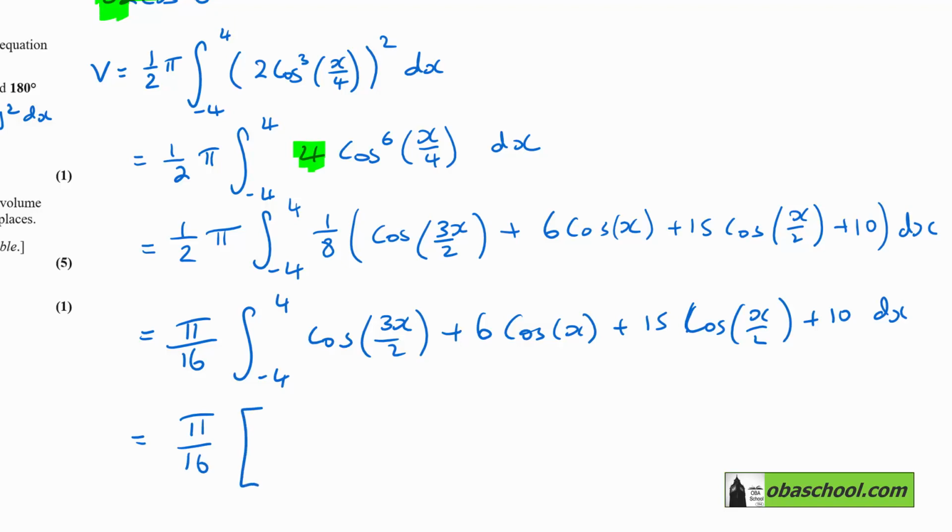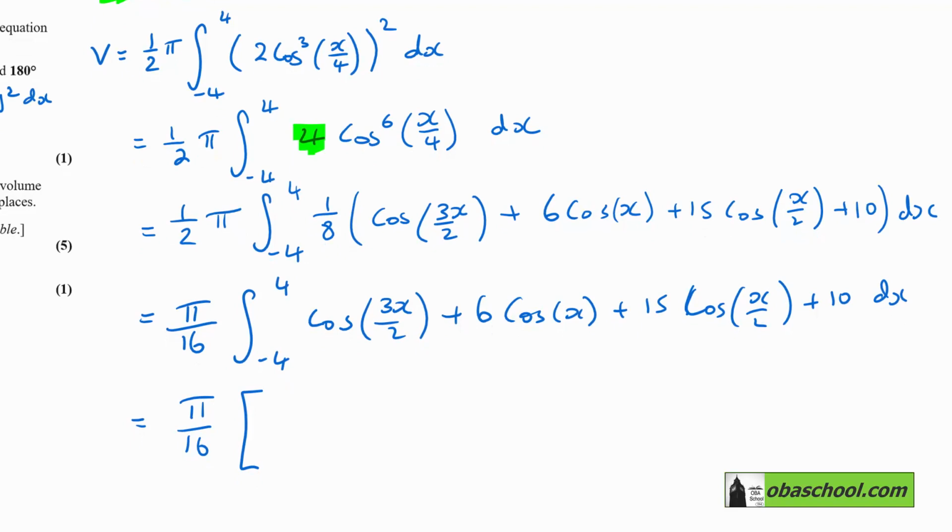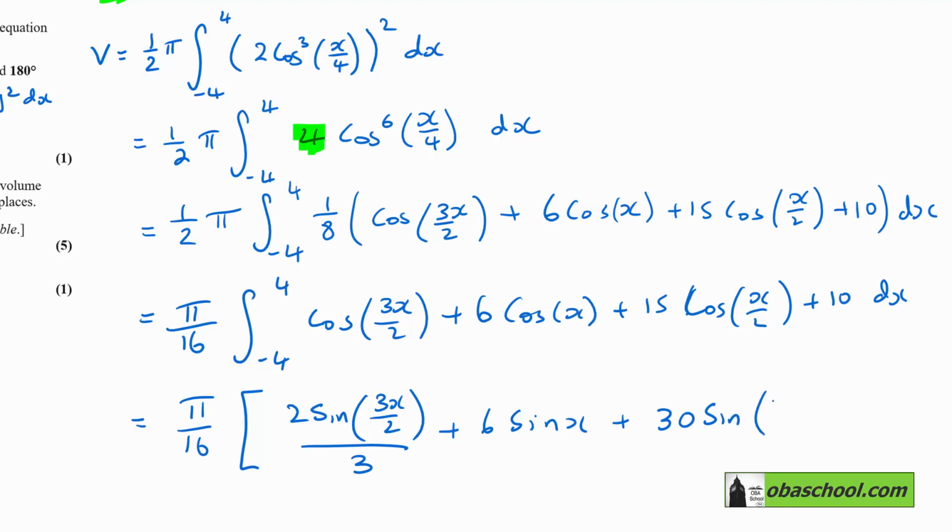So that's pi on 16. So cos integrates to sine, so we're going to get sine 3x over 2 divided by 3 over 2, so that ends up being 2 over 3. And then we're going to have 6 sine x. That will be 30 sine x on 2 plus 10x to be evaluated from -4 up to 4.